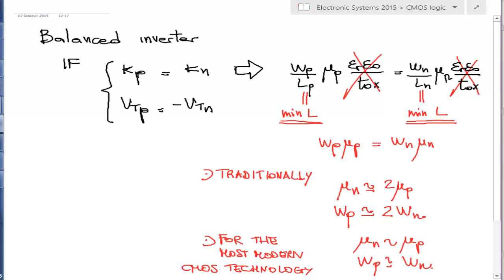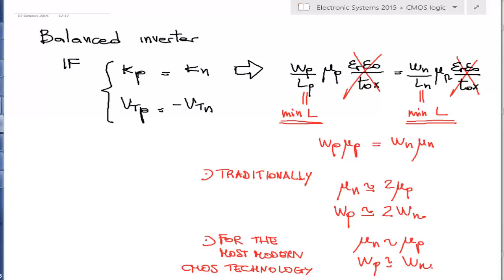As I've told you, in the last few years in CMOS fabrication process, in order to improve the performance of the CMOS transistors, we have applied strain to silicon, so tensile strain for NFETs and compressive strain for PFETs, and this strain improves the mobility of both electrons and holes, and in practice improves the mobility of holes much more than that for electrons, so that more or less they have the same mobility.